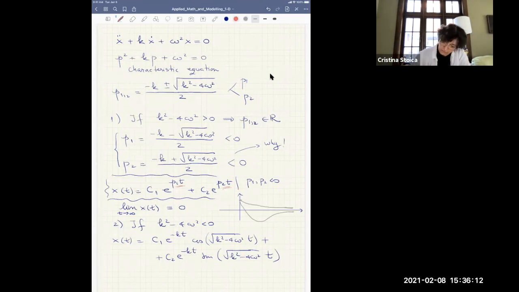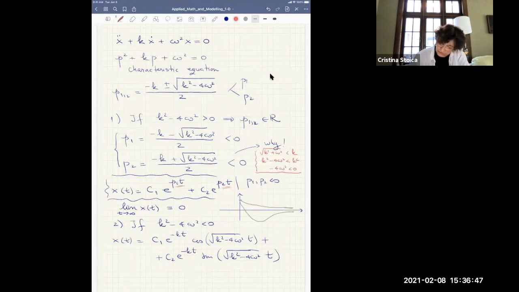Before doing the other one, why is this number negative? Well, it's because of k squared. Let's see how to do this. K squared minus 4 omega squared is smaller than k, which is obviously true.